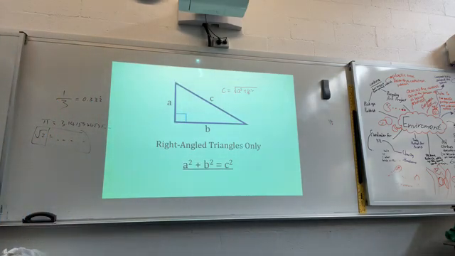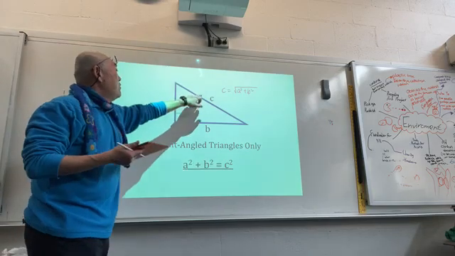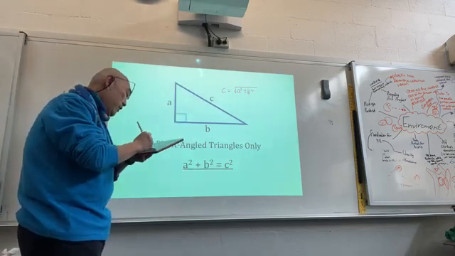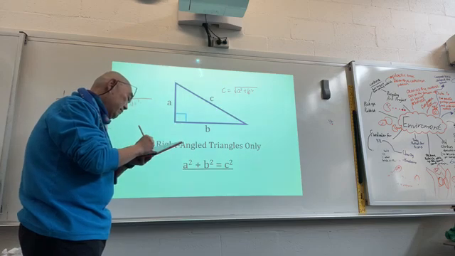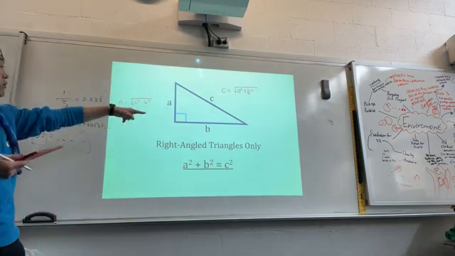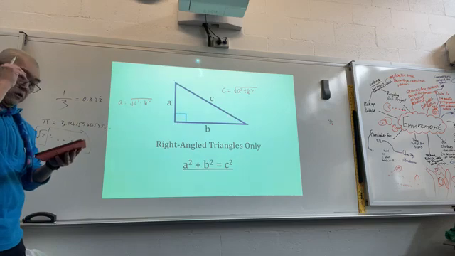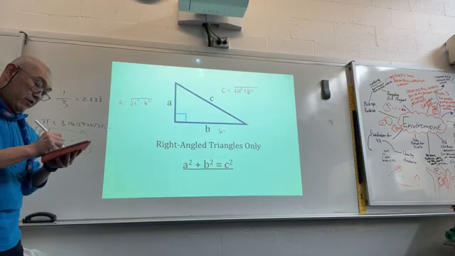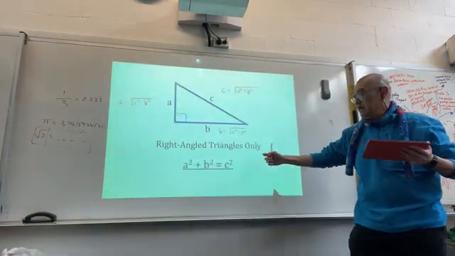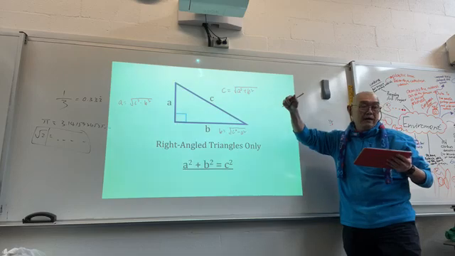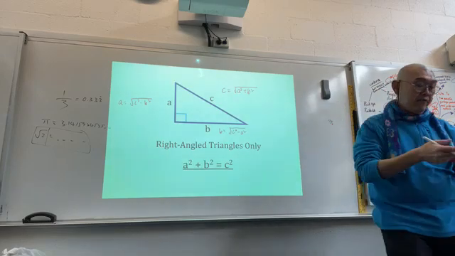And to work out A, if you know C and B, A will then be equal to square root of C squared minus B squared, correct? Or to work out B, if you know C and A, B is actually square root of C squared minus A squared. Alright? So this Pythagoras' theorem only applies to right angle triangle only. No other type of triangle.